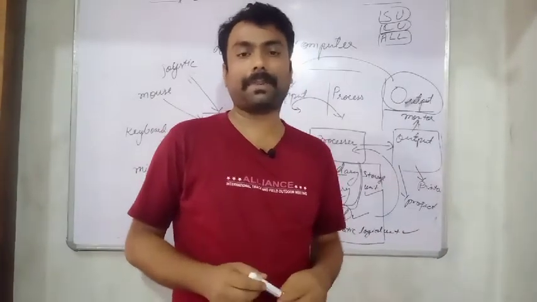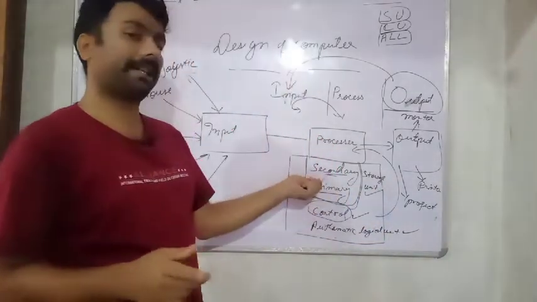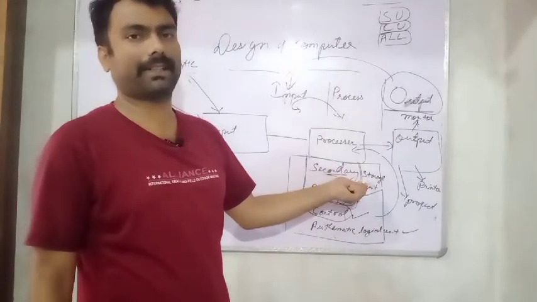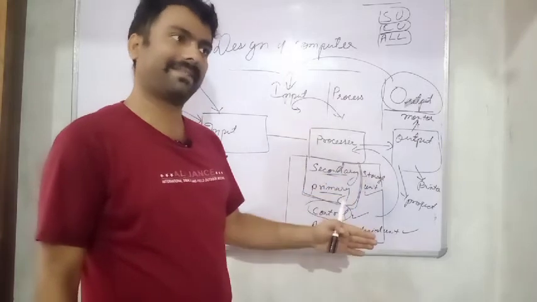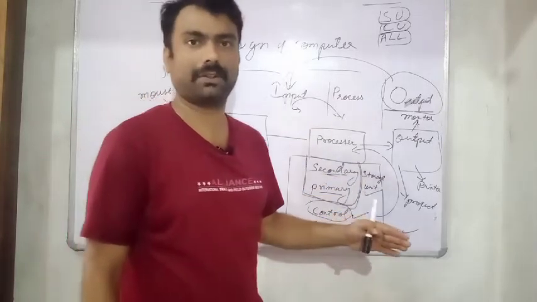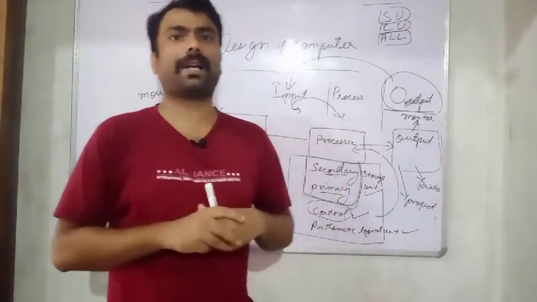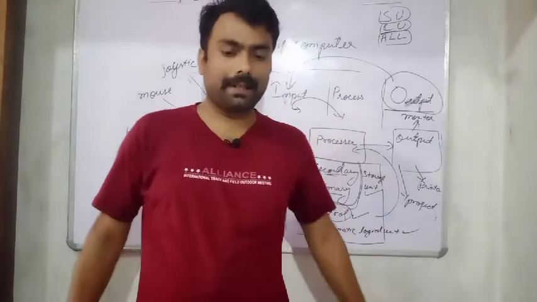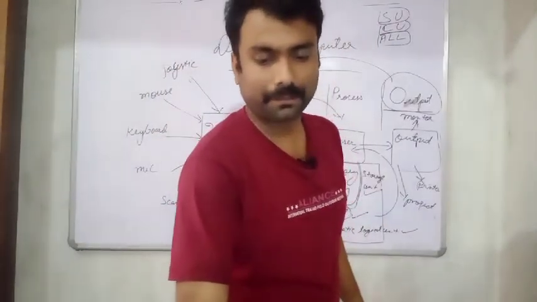Okay, temporary data is stored. This is also called a backup. Of course, as I have told you, the secondary storage is just to back up your data, because your data stays inside the secondary storage media for a long period of time. That's why we can call it a backup for the future. Okay, so that was primary and secondary storage.